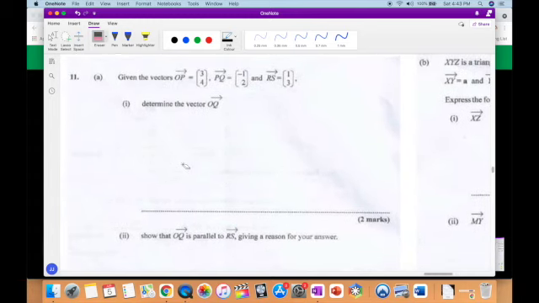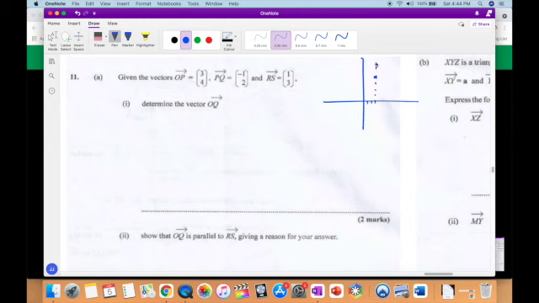Right? So given the vectors OP, well, I see here O seems like a position vector, PQ and RS, okay, determine the vector OQ. Let me try to draw a diagram. P is going to be 1, 2, 3, and then 1, 2, 3, 4.